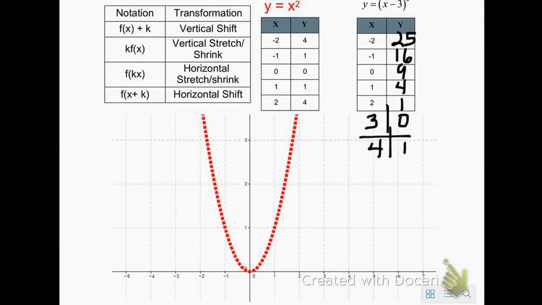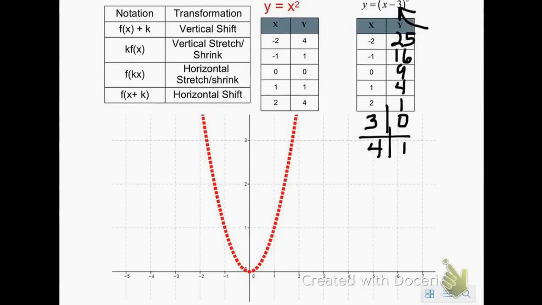I added a few points to my table since my values were so large. Tomorrow when we work on this, you might not want to include the values that are too large. So if I start graphing this, I want to compare x minus 3 squared. Again, the 3 is inside the parentheses, so you know that's a horizontal transformation. It's added, so it's a horizontal shift.